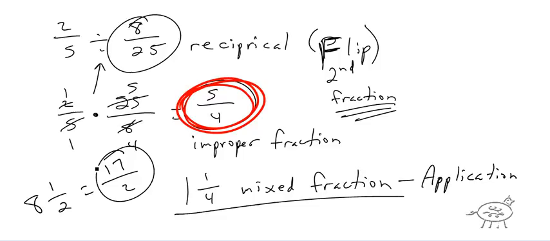And I'd be like, well, what do you mean? And you go, well, that doesn't really make sense, right? Doesn't it make sense to say, well, the class ate 8.5 pizzas? Oh, okay. They ate 8 pizzas and another half. That makes sense. So you want to use mixed fractions when you're talking about applications. But if I'm just using it as a calculation, 17 halves would have been perfect. Okay? So that's just kind of an important thing to realize.